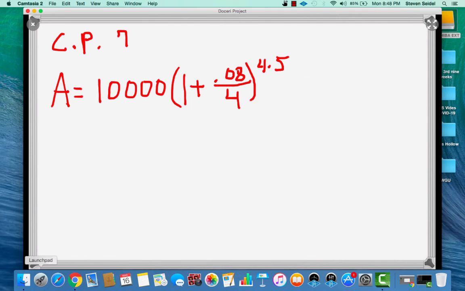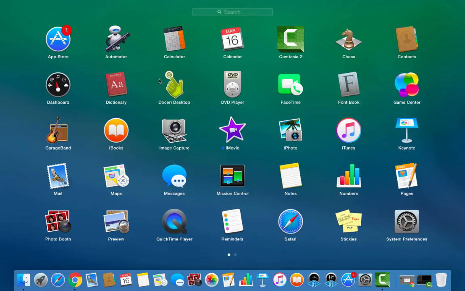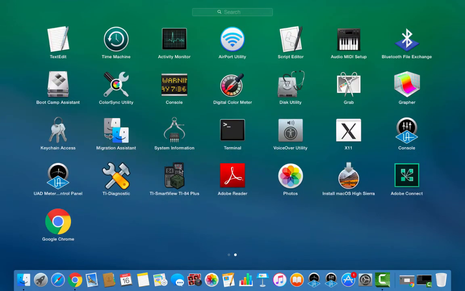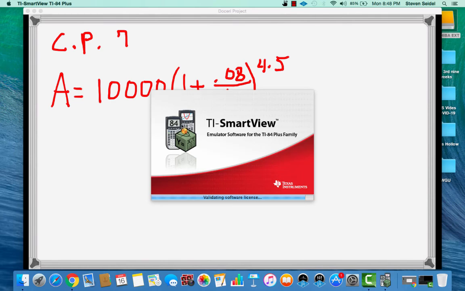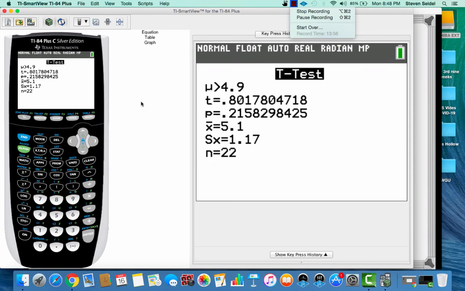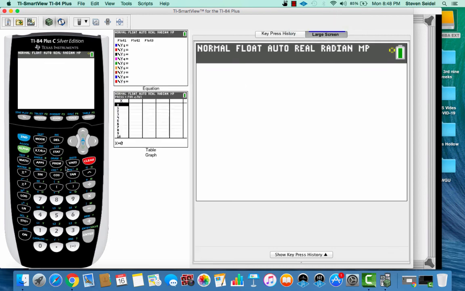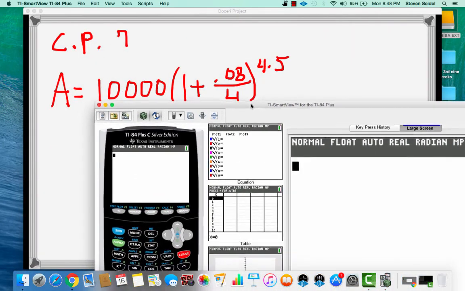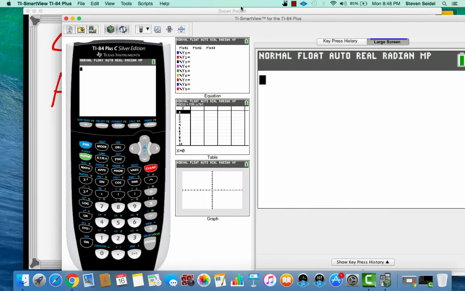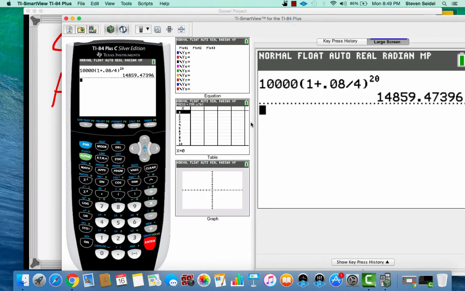Okay, so on the calculator, it's so slow. We'll just punch in that right there. So I will hit pause again. Alrighty, so that's how I would type it in.